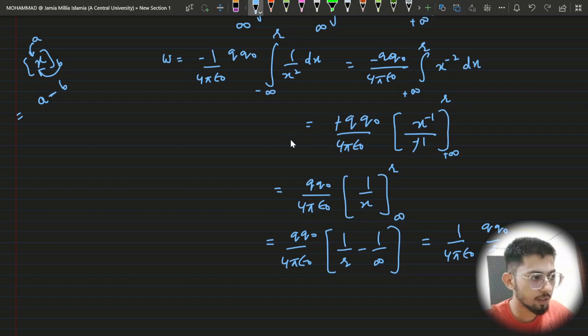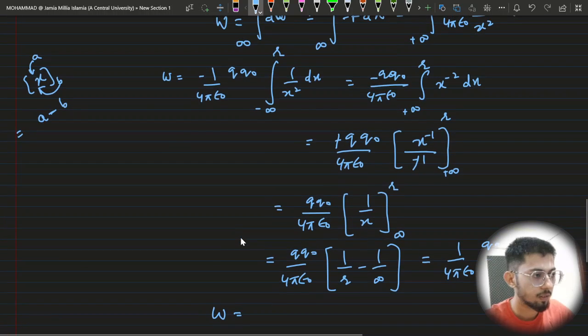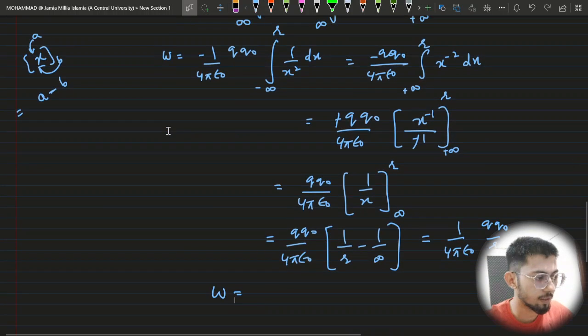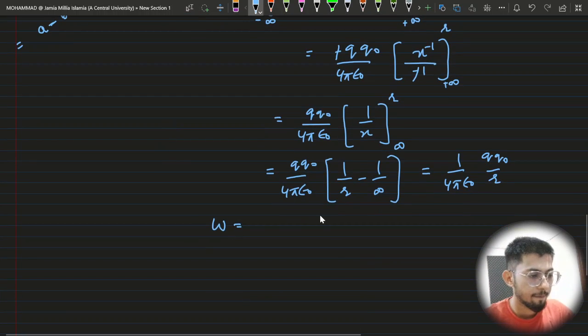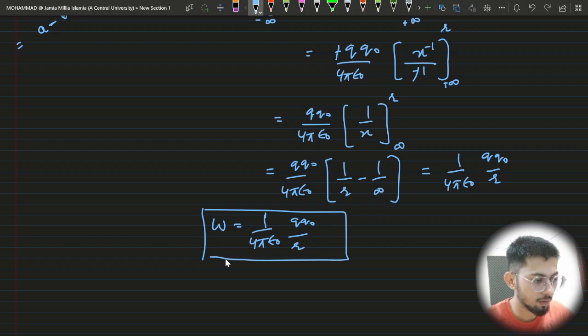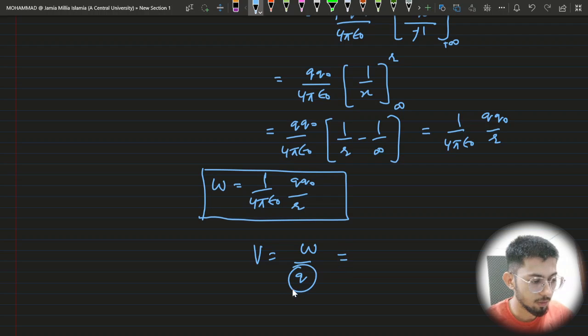Now what is this? This is the work done. Remember, this is the work done. We have not found the potential. This is the work done, and corresponding to the work done, how do we find the potential? V is given by W upon Q, where Q is the test charge.